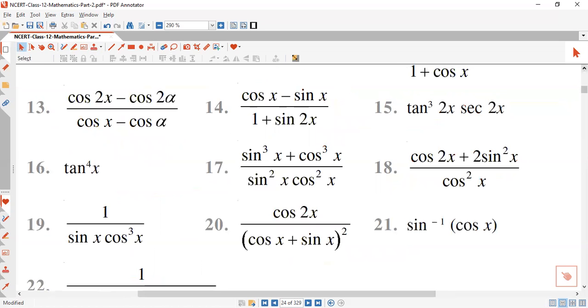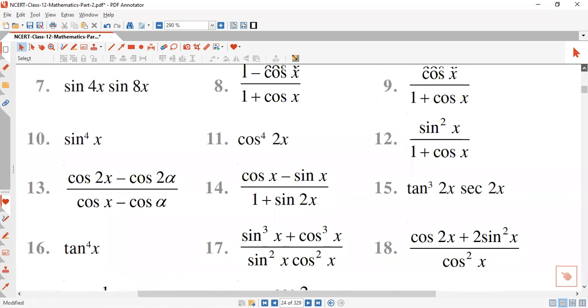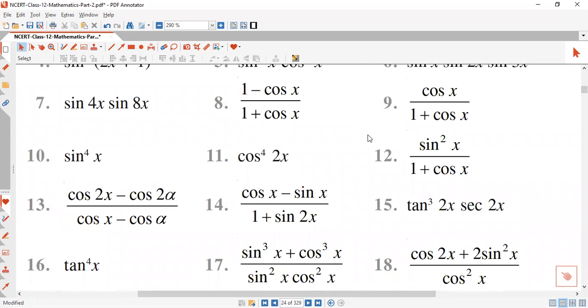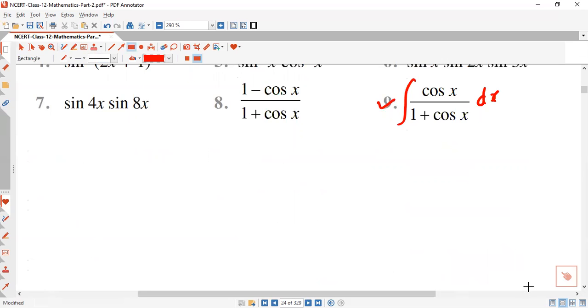Now the next question, question number 9. We are again doing the integration of cos x upon 1 plus cos x in the denominator. We don't have a direct formula for this one, but we know 1 plus cos x, where 2 cos square a equals 1 plus cos 2a.